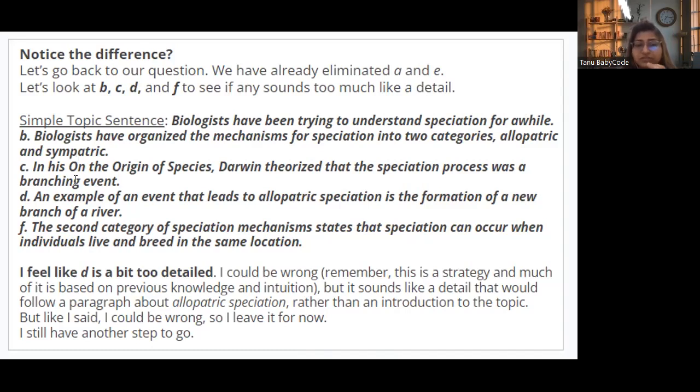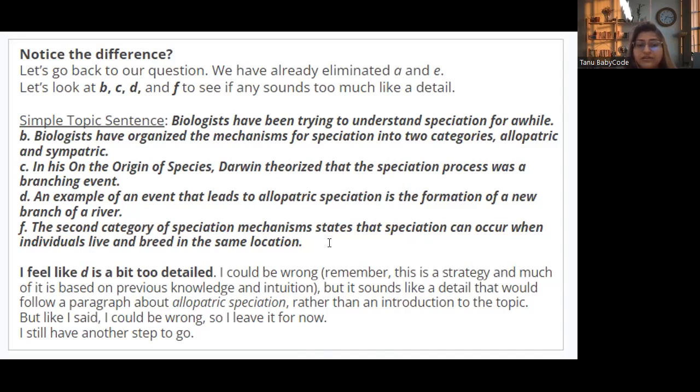Second one, read the second one, C, D, and F. You can see here that C is also talking about the origin of subspecies, but the speciation process was a branching event. Then an example of that event leads to allopatric speciation. Now this is again a bit detailed, I would say, right?